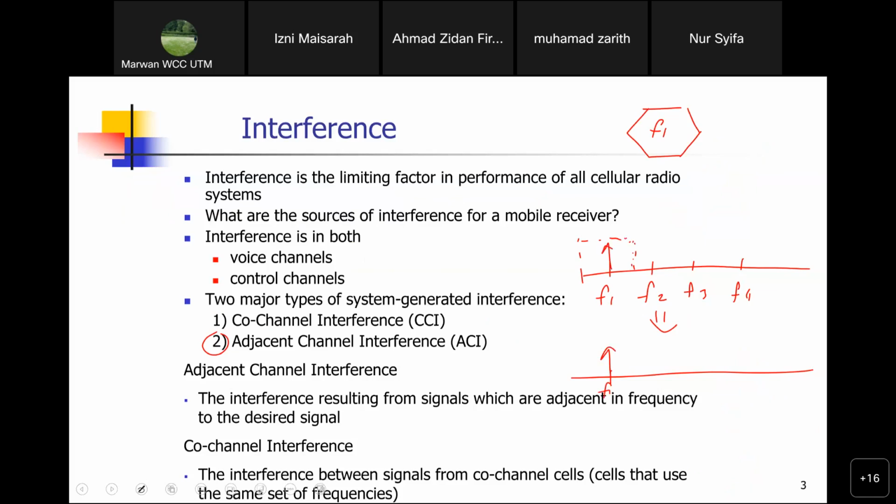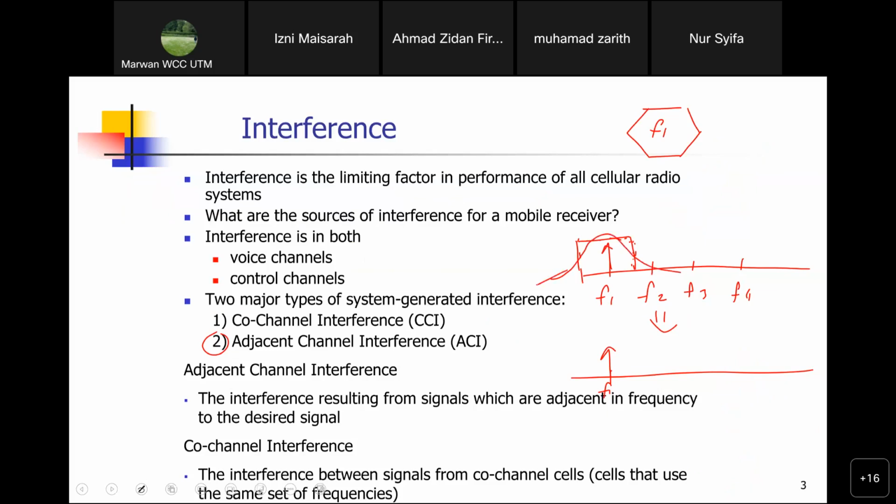However, when it comes to filters, the best filter is a square filter. If you have a square filter, then yes, you only capture F1. However, filters normally are not ideal. Filter normally is a cosine filter.